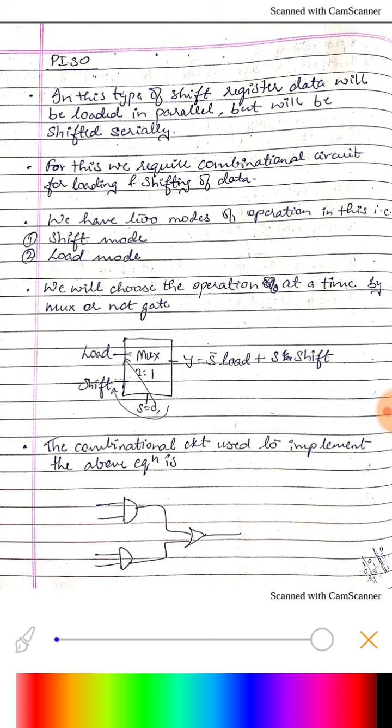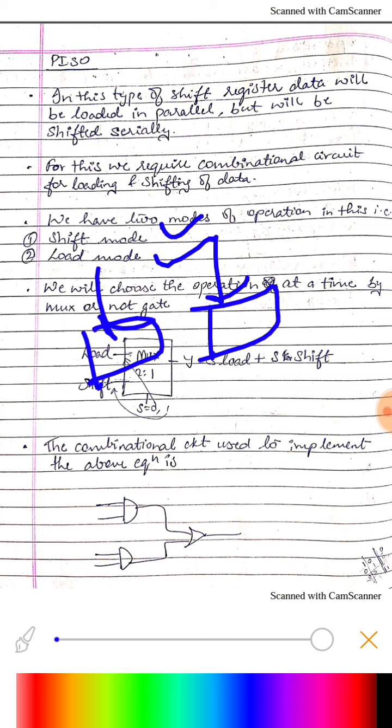It will work in two modes, that is shift mode and load mode. In the load mode, the data will be entered into the flip flops, and in the shift mode it will be shifted from one flip flop to another.